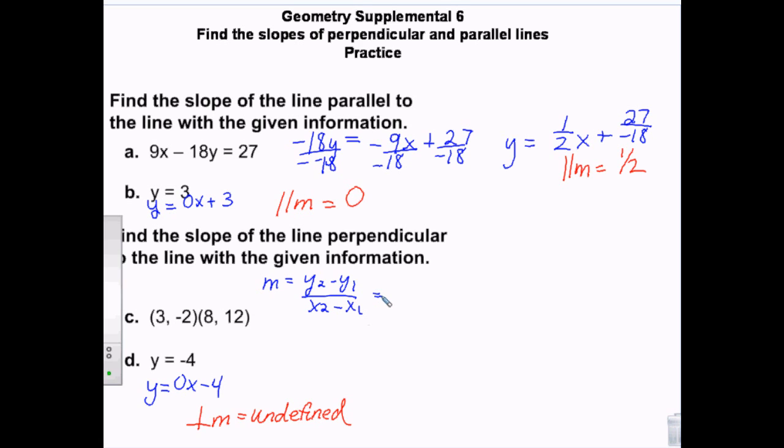So I have 12 minus negative 2, so that's 12 plus 2. 8 minus 3, so I have 14/5. And perpendicular to 14/5 is negative 5/14. So I just flip it and change the sign.